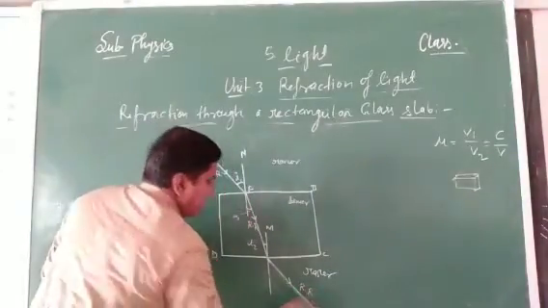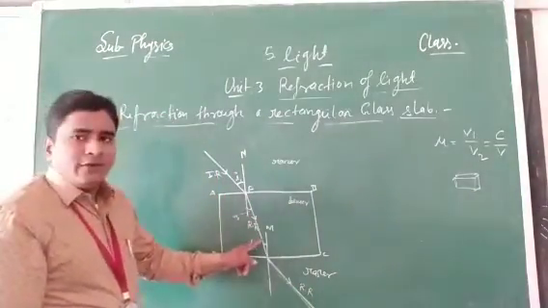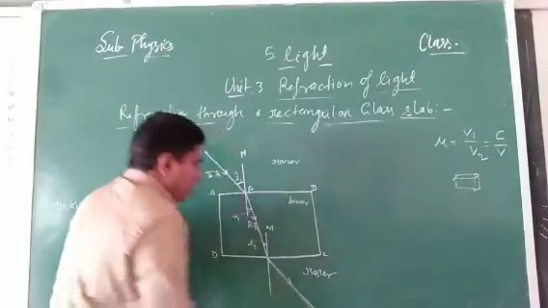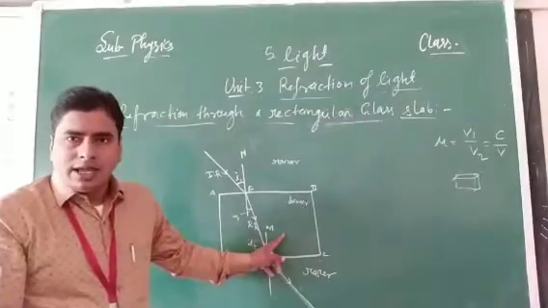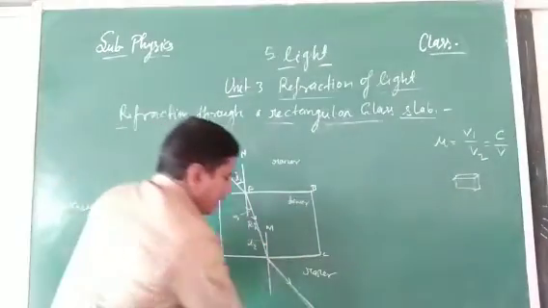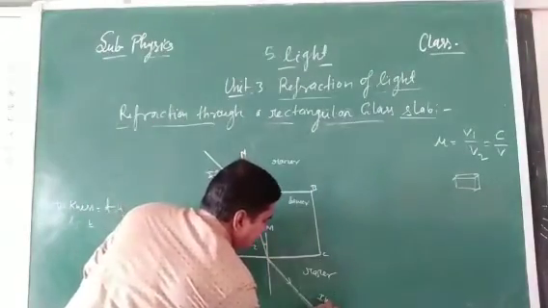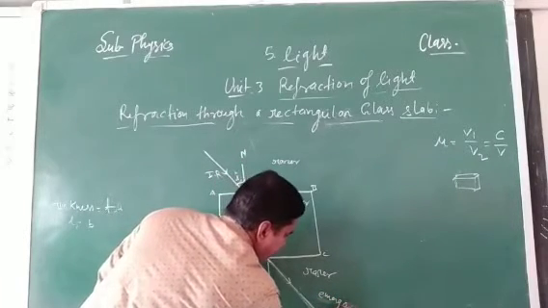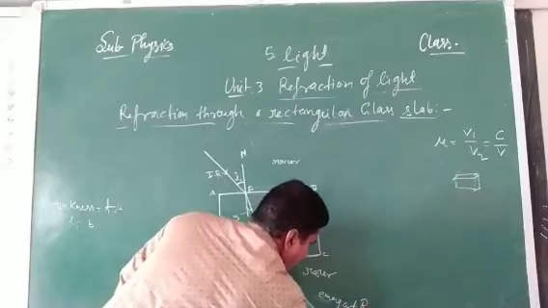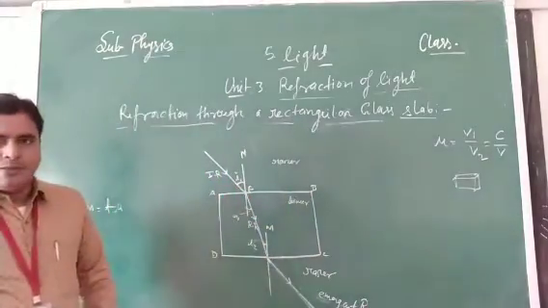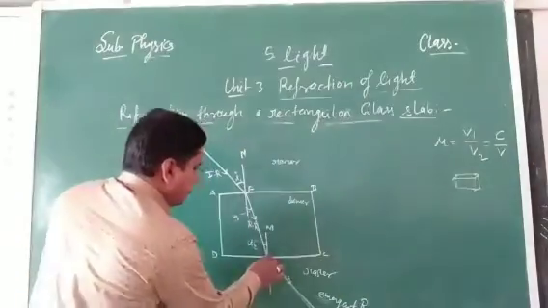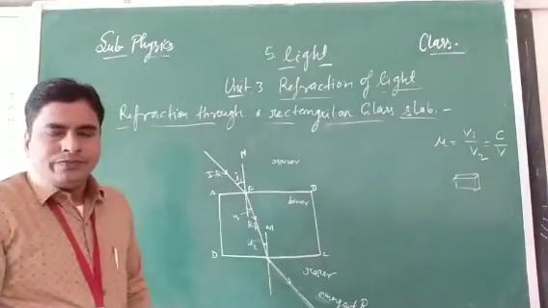Here it behaves like a refracted ray, but for this medium it is the incident ray. Finally, when it comes out from the glass into the rarer medium, it is called the emergent ray. This is the emergent point and this is the emergent ray.